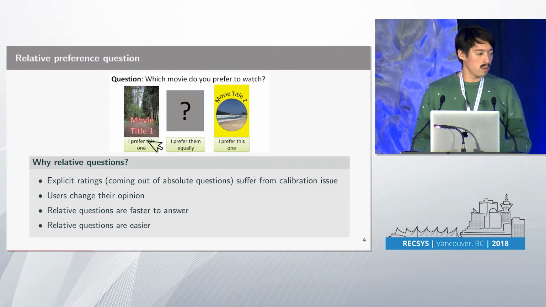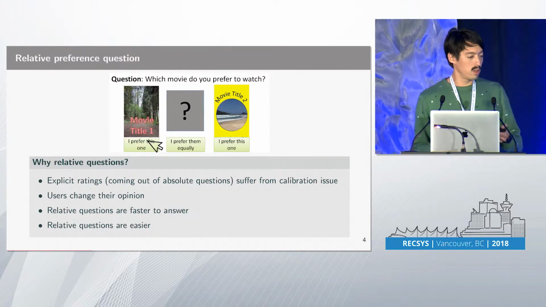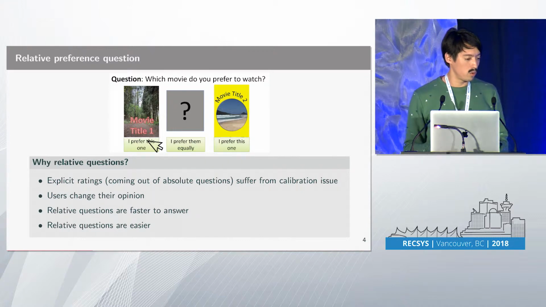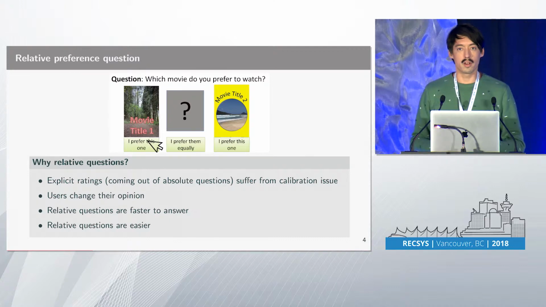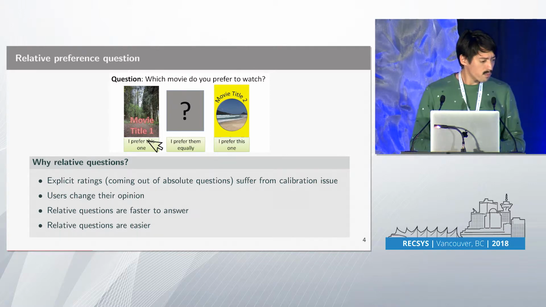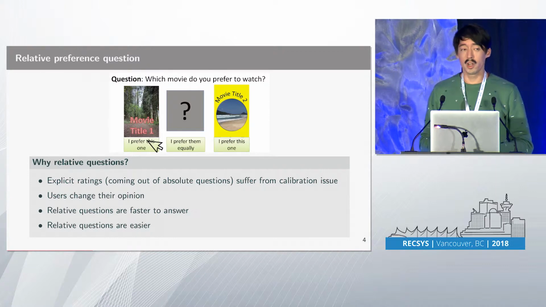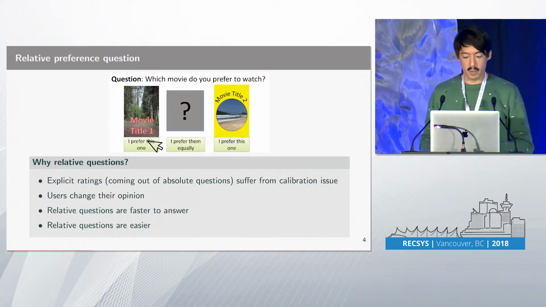Right, so the relative versus absolute part. This is an example of a relative preference question. You have two titles, and you ask the user which one of these titles do they prefer, or whether they prefer them equally. Now, why would you go for relative questions instead of absolute questions? One is that explicit ratings suffer from the calibration issue, which means that for different users, the same type of rating may mean very different things.